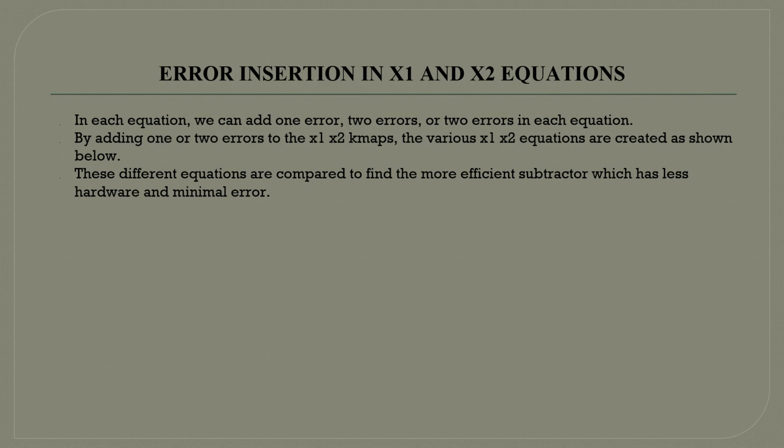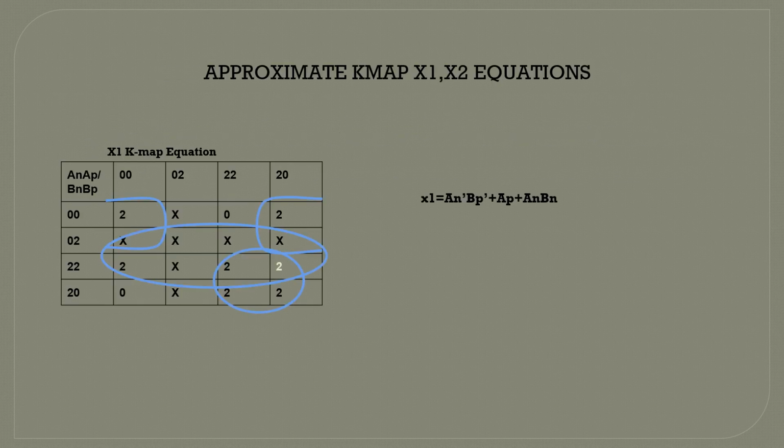Now for the designing of approximate subtractors, we need to include some errors. We have done different cases where we included errors in the X1 K-map and even in the X2 K-map at different positions, and the number of errors was also different.